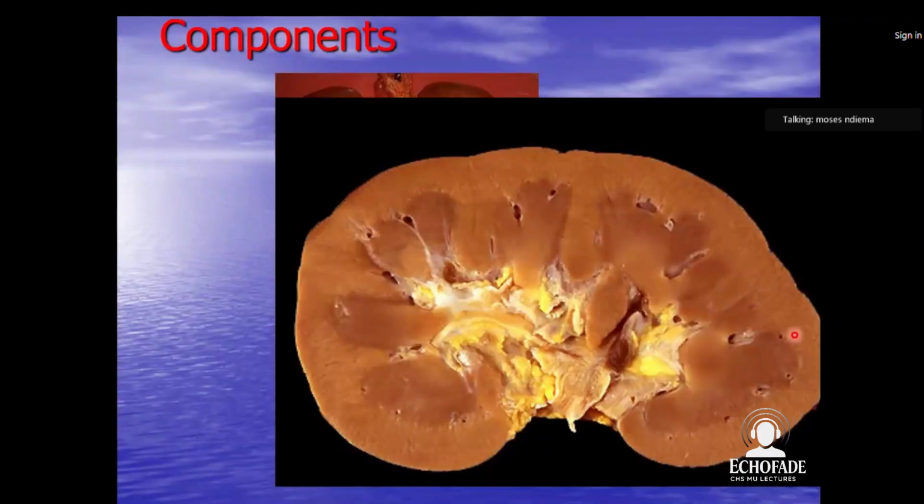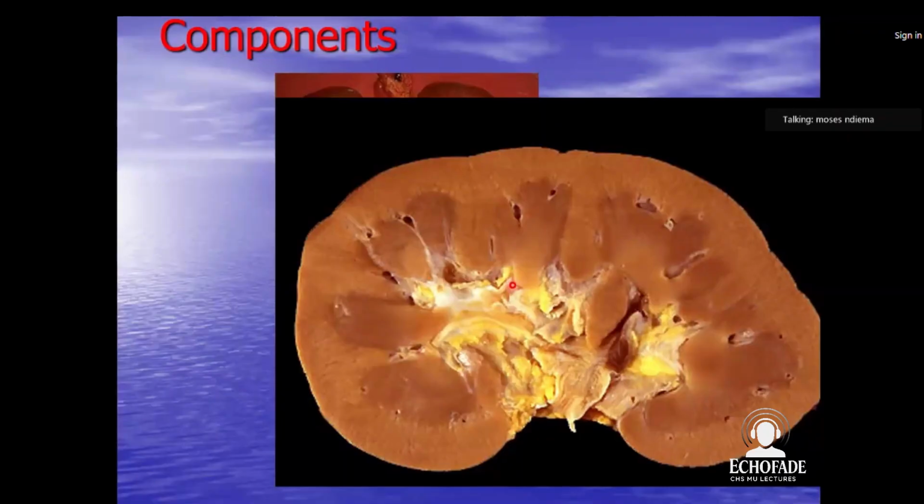This part of the kidney where the blood vessels enter and where the ureter and the nerves enter, we refer to as the hilum of the kidney. Once the blood vessels enter, they divide until at the corticomedullary junction they form arcuate vessels.